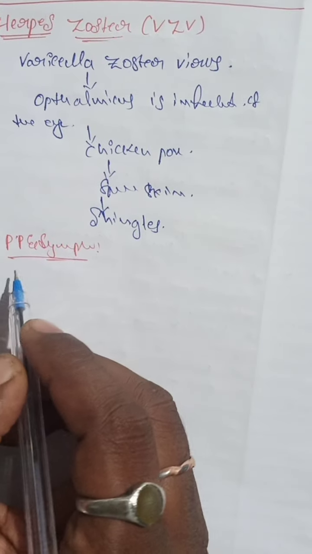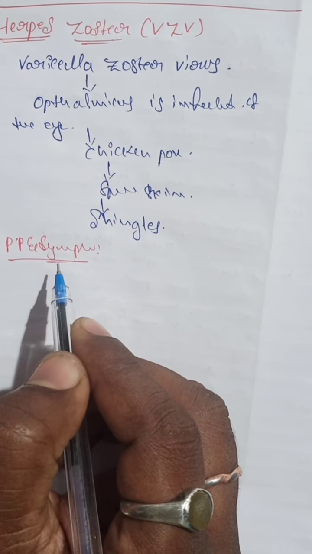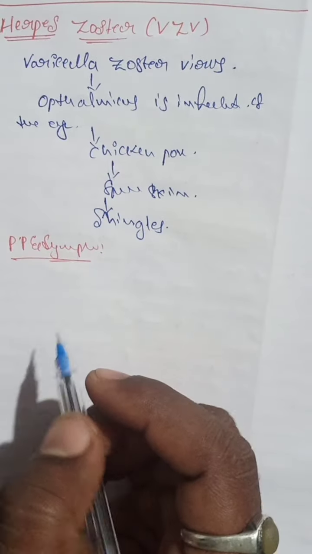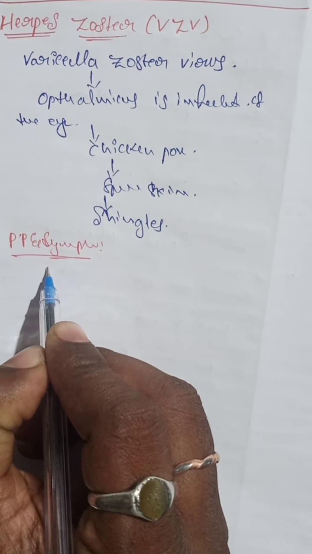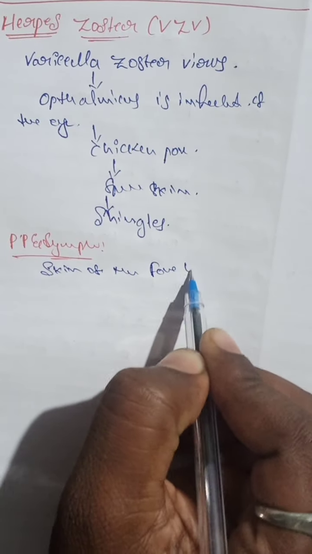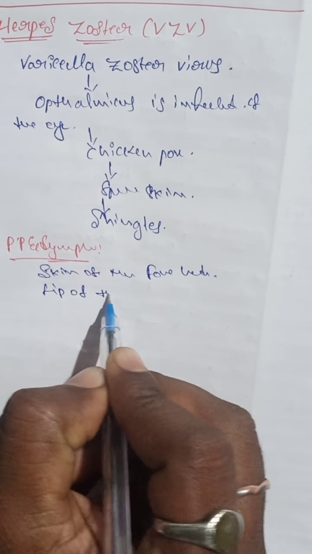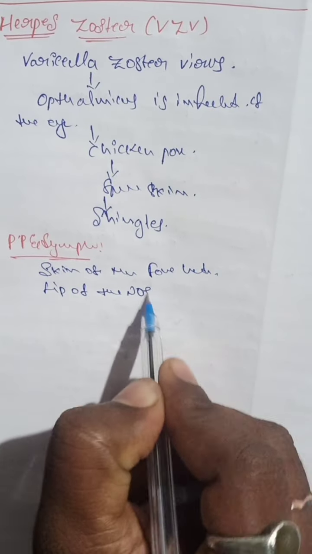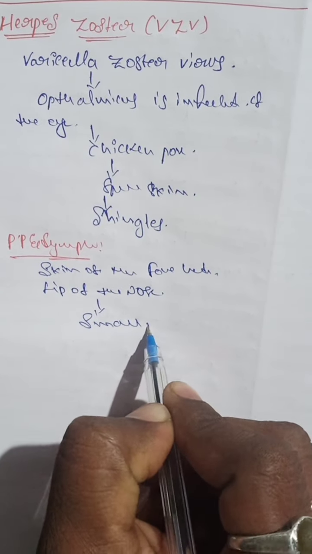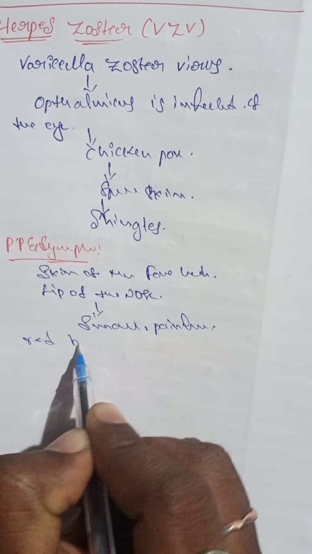Number one: the skin of the forehead, sometimes the tip of the nose, is covered with small and extremely painful red blisters, which are identified on the skin.